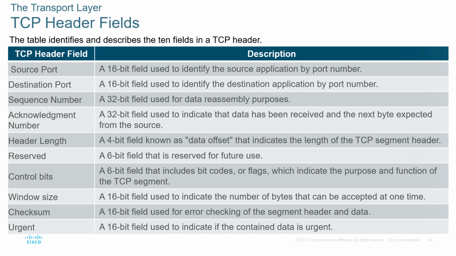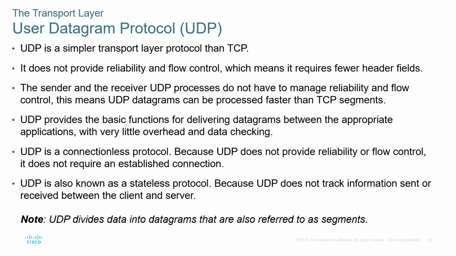In contrast, we have UDP. UDP is very simple. It is best effort, connectionless oriented. It doesn't provide reliability or flow control, but it has a much smaller header. The sender and the receiver UDP process don't have to manage the reliability or the flow. Basically, you send the packet.